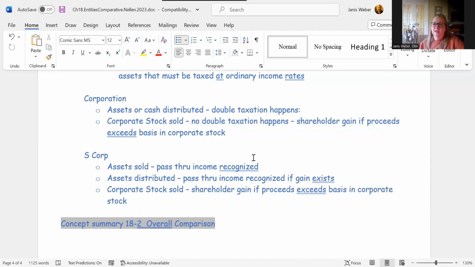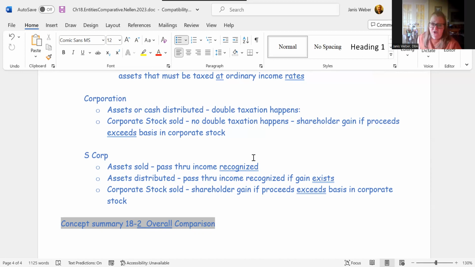And if you sell the corporate stock instead, no double taxation happens, because the shareholder gain is just if the proceeds exceed their basis in the corporate stock, because they already had their basis when they invested, back when we talked about putting assets into the corporation.